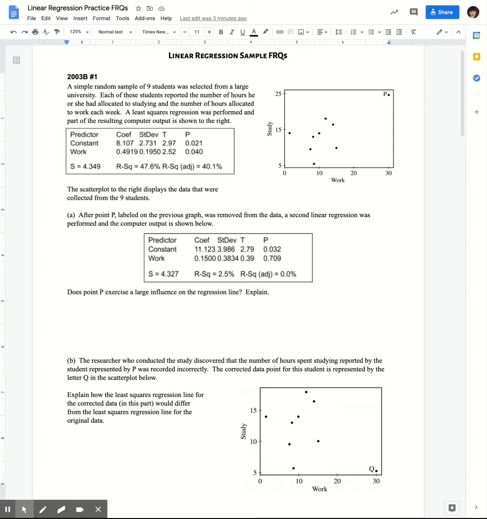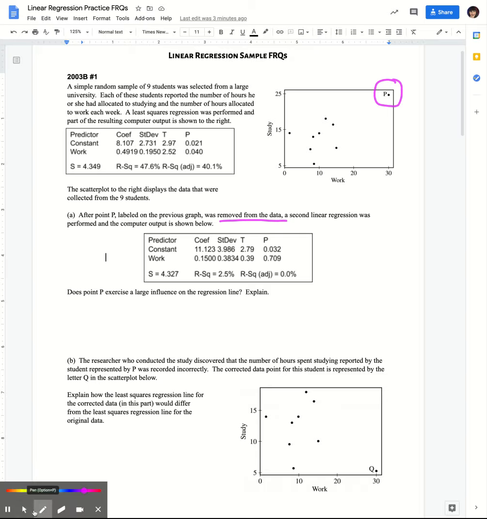And then, as you can see, there's this point P up here in the top right corner that looks like it's heavily influencing the correlation, the slope, the y-intercept of this data set. So they also gave you a Minitab output without point P. They removed point P from the data and generated this second Minitab output.